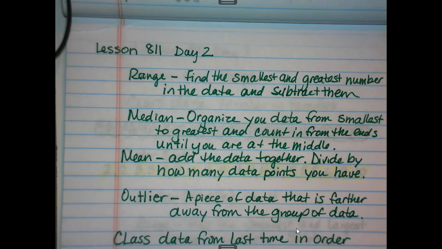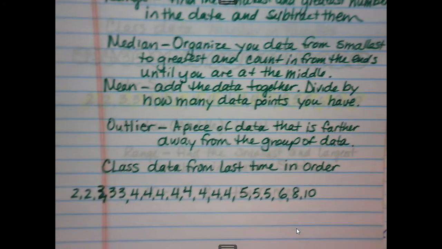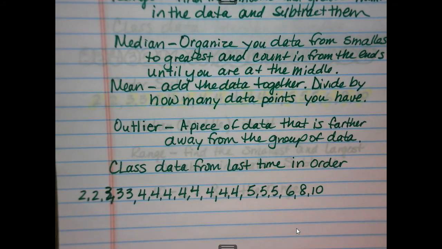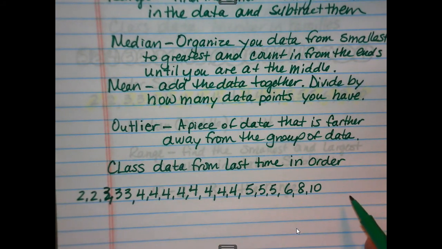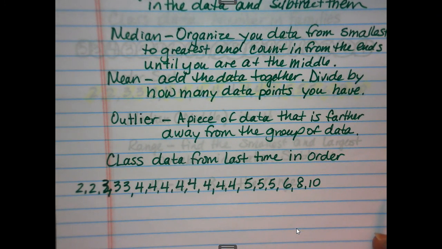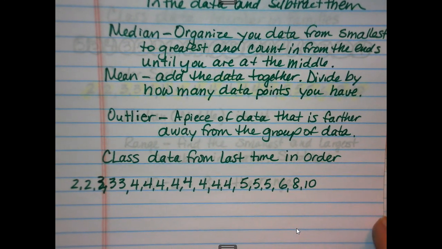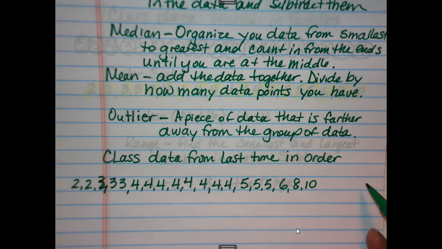If we look at our class data that I put down here from yesterday, an outlier would be if we had somebody that came into our class that had 17 kids or 20 kids, kind of like on those TV shows that you might have heard about. So that would be an outlier. An outlier would be far away from the data.